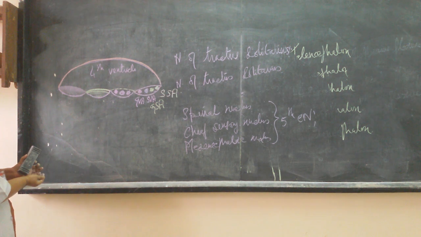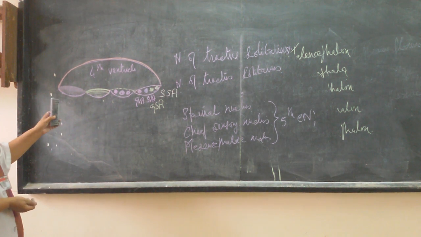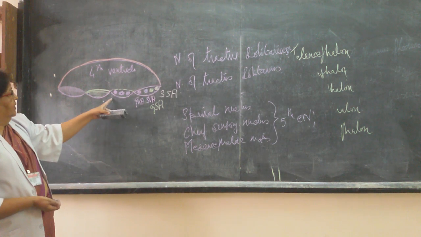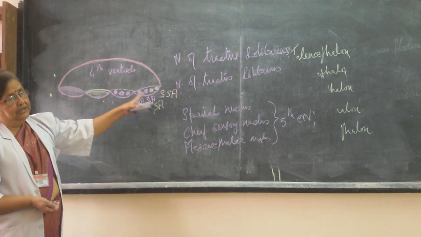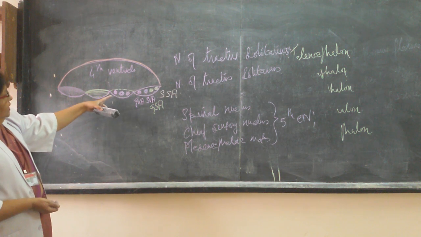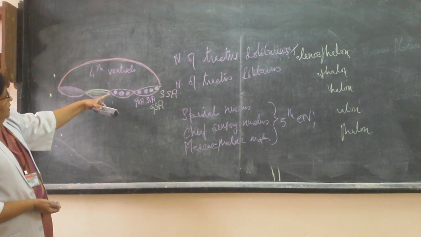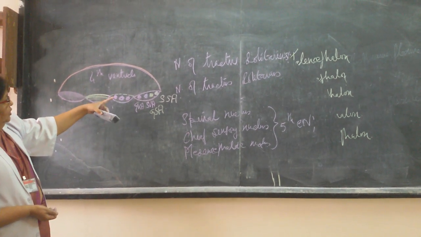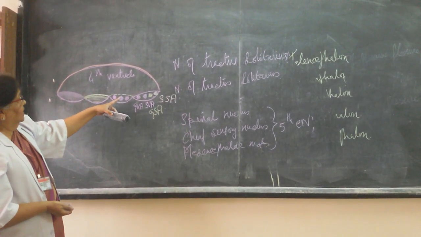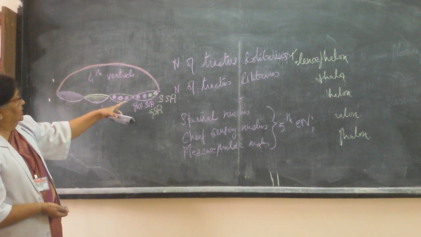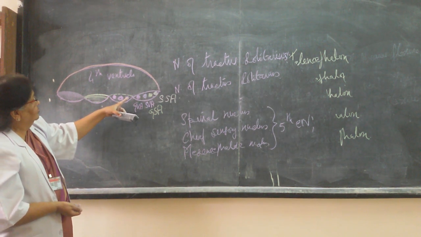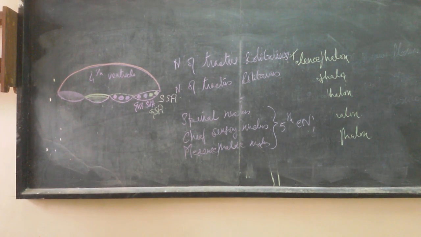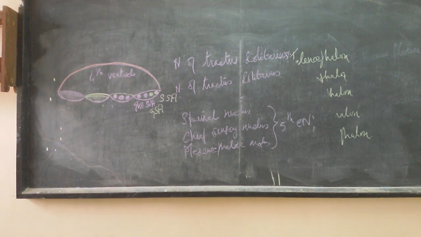In this way, when we see the positions of the nuclei present in the brain stem, the motor nuclei are medial to the sensory nuclei. In the motor nuclei, most medially we get the somatic efferent component, then the branchiogenic efferent, and then the general visceral efferent component.